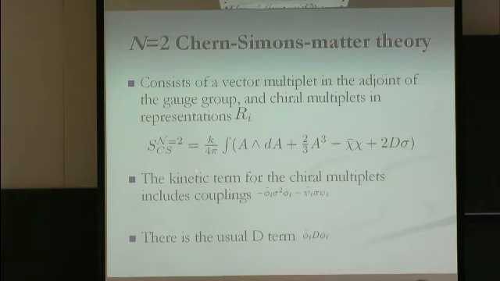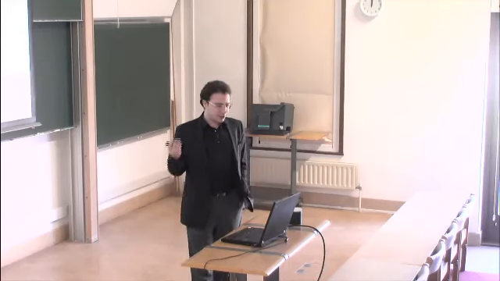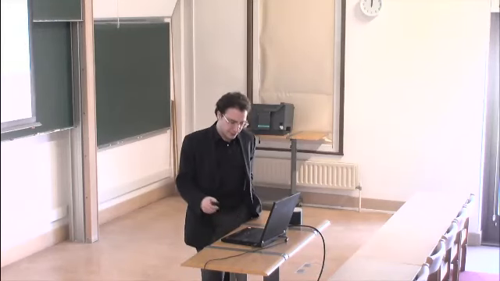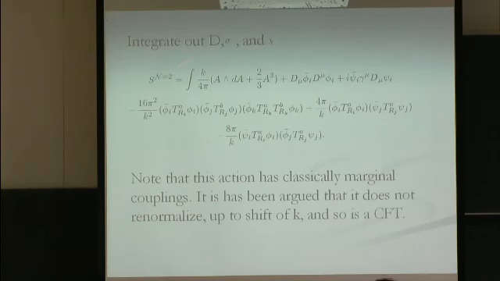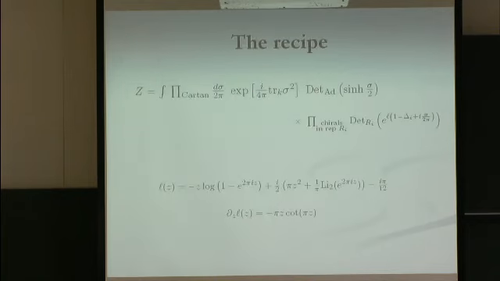But more interesting are these Chern-Simons actions with quantized couplings. Once I couple them to matter, they're no longer topological, but they give you interesting CFTs. And if you write out the full action in components, you get some guy like this, which is classically conformally invariant. And if I don't have any superpotential, it's also quantum mechanically conformally invariant, up to maybe some renormalization of the Chern-Simons level. So I get lots of CFTs this way.